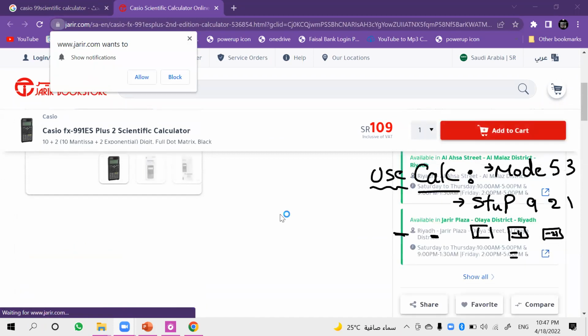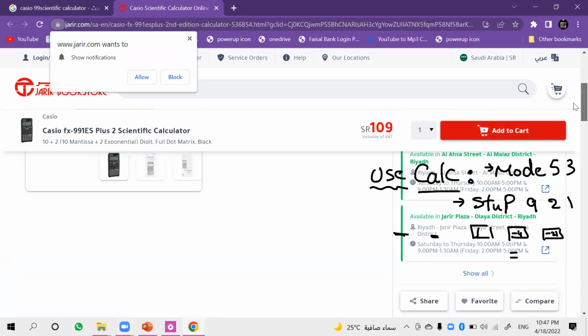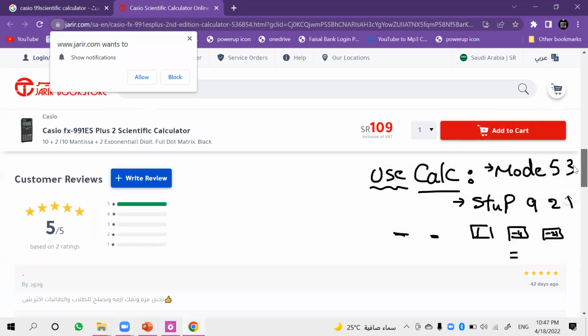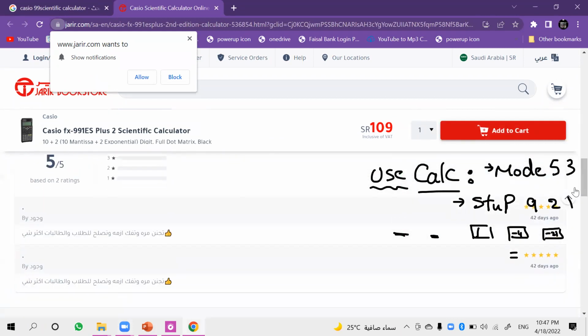Can you find it? Teacher, yes. In mine, I did setup 922. It gave me the one for ax plus bx plus c. What is the color of yours? Is it black and white?